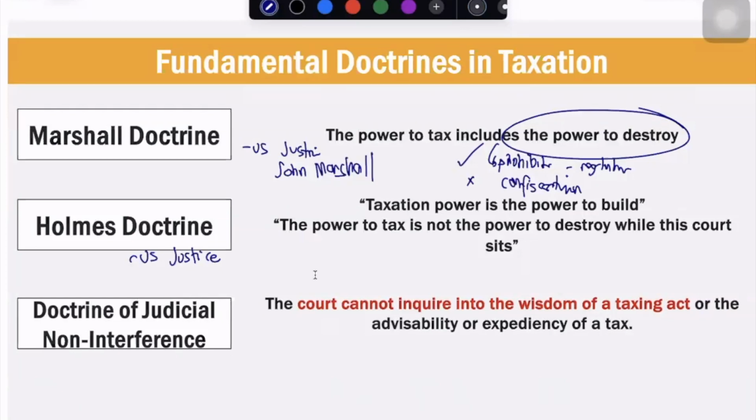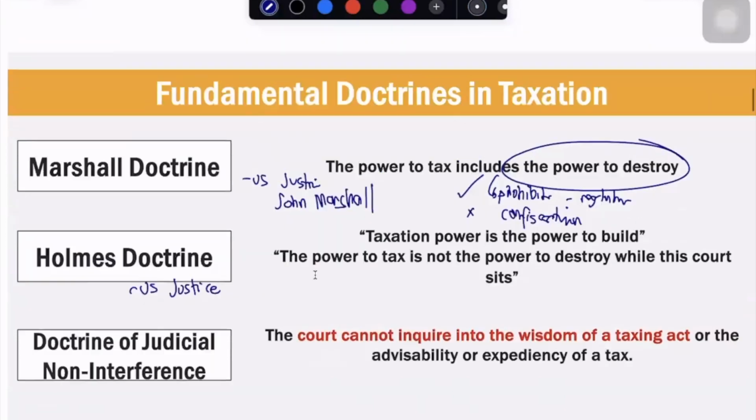Generally, we said a while back that one of the purposes of taxation is to promote local industries, to give incentives, etc. So therefore, when we talk about taxation, it could also encourage something. So out of our tax laws, it could encourage investors, it could encourage our local industries, it could encourage economic growth. So it is the power to build.